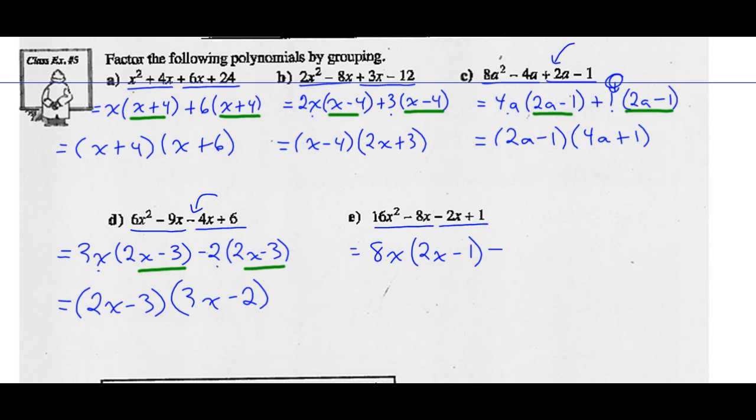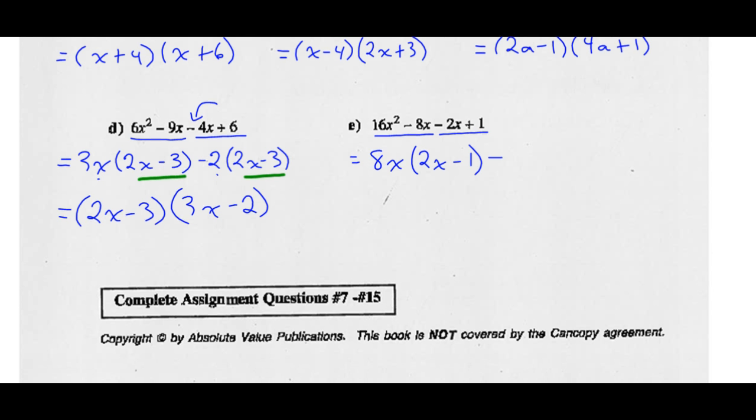So now I'm going to take out a negative 1. So I divide both terms by minus 1. Negative 2x divided by negative 1 is a positive 2x. And positive 1 divided by negative 1 is a minus 1. That works really nice because now I have a common binomial factor of 2x minus 1. Take out that binomial factor, I'm left with 8x minus 1. And I've completely factored that expression.